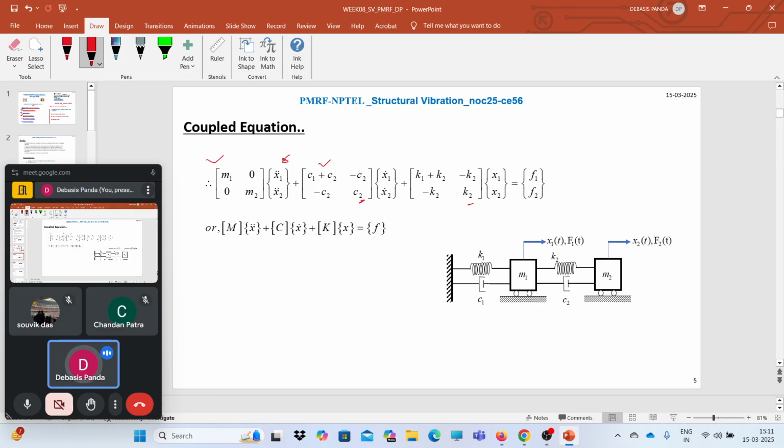So if we arrange this in matrix form, we have M x double dot, this M is called the mass matrix, and this C into x dot, where C is called the damping matrix, and this is your stiffness matrix.